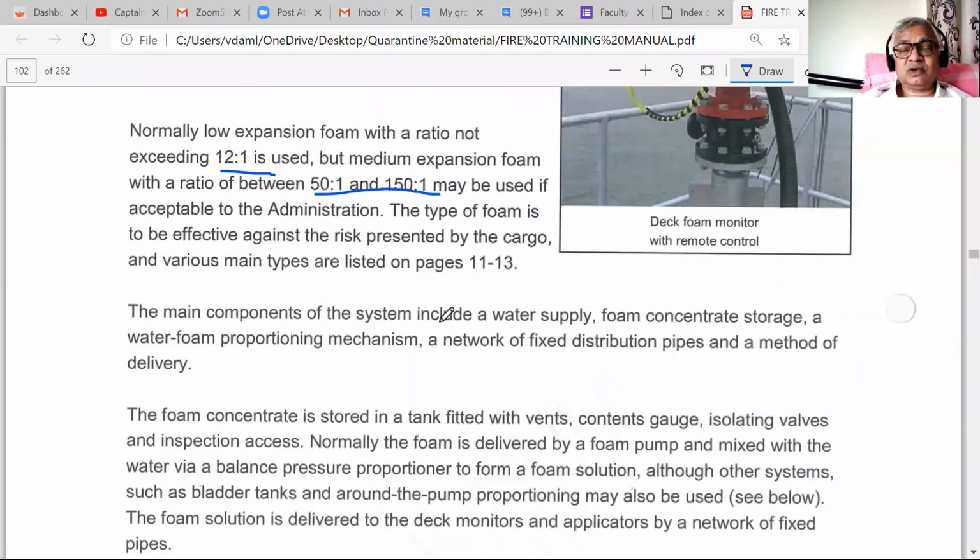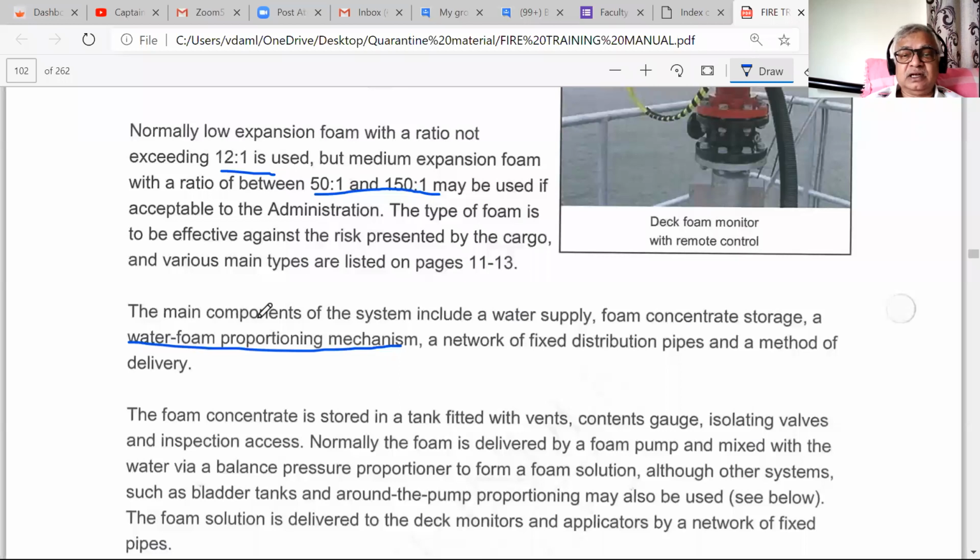Water supply, concentrate. This is that mixer, because the right amount must be mixed, no? You can't be saying, "it is too much, too little, add a little more." You can't do that. So this is an automatic process with small fine tuning adjustments. Network of distribution pipes and method of delivery.